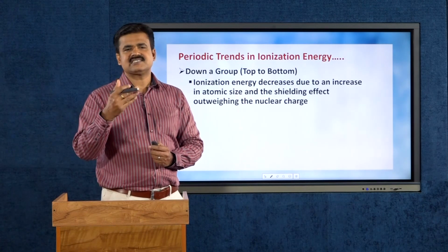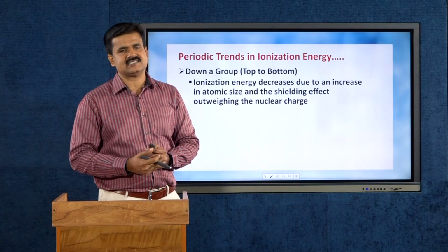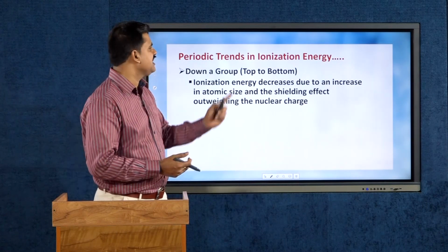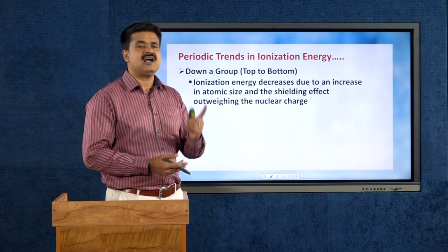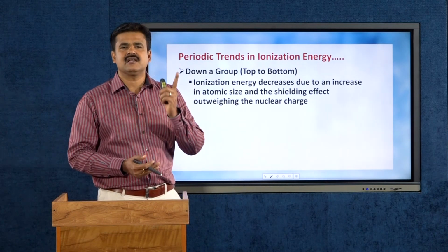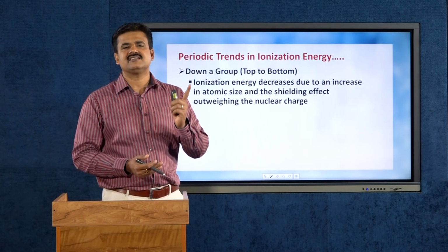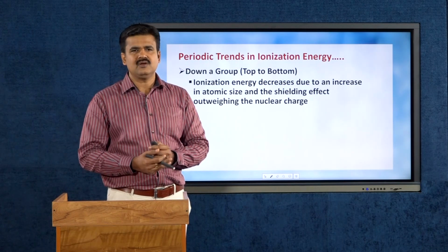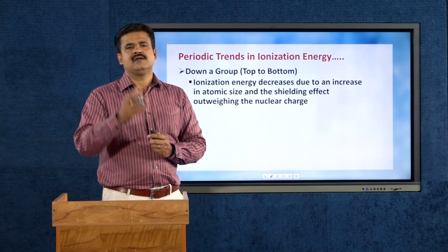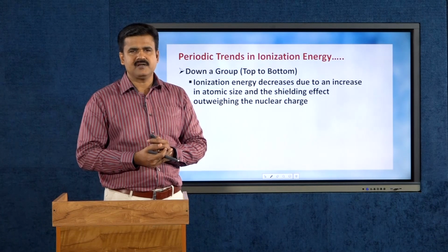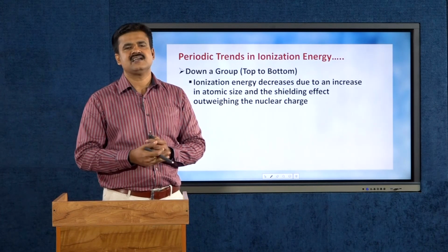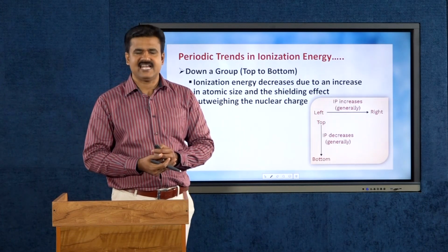And this ionization energy decrease is attributed to increase in atomic size as well as the shielding effect associated with the system. So, if we proceed from top to bottom along a group, there is an increase in size and a decrease in ionization energy.